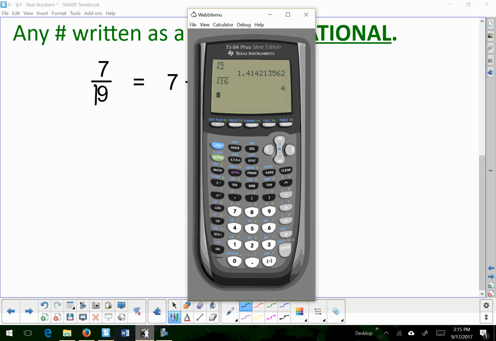Let's see what that looks like on my calculator here. 7 divided by 19. Looks like it doesn't have a pattern. 3, 6, 8, 4, 2, 1, 0, 5, 2, 6. But like I said before, my calculator ran out of spaces. So it actually goes on more than this.